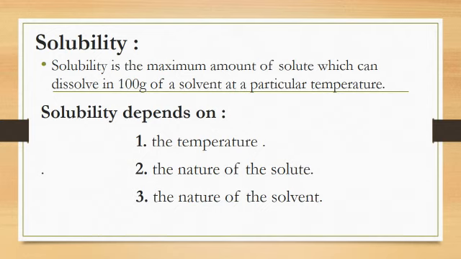Number 2. Solubility depends on the nature of the solute. Means different solutes have different solubilities in the same solvent at a particular temperature. Number 3. Solubility depends on the nature of the solvent. Means the same solute has different solubilities in different solvents.